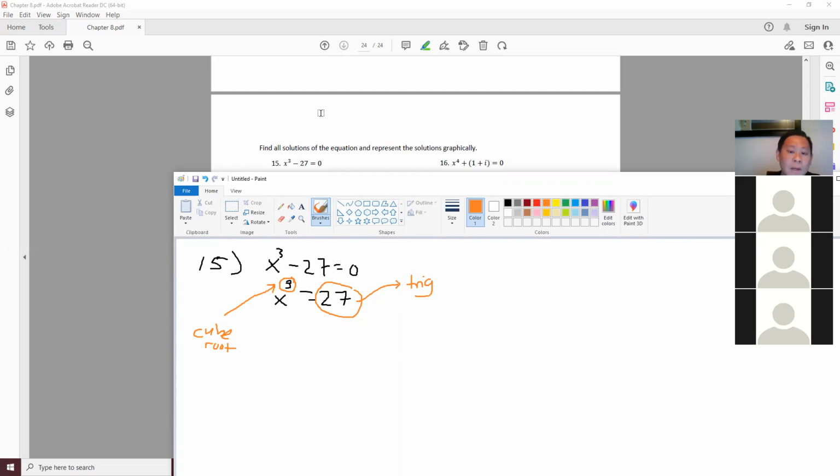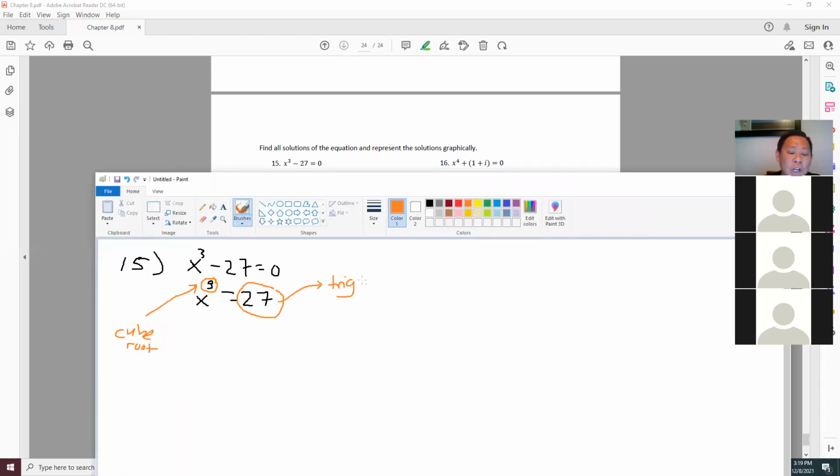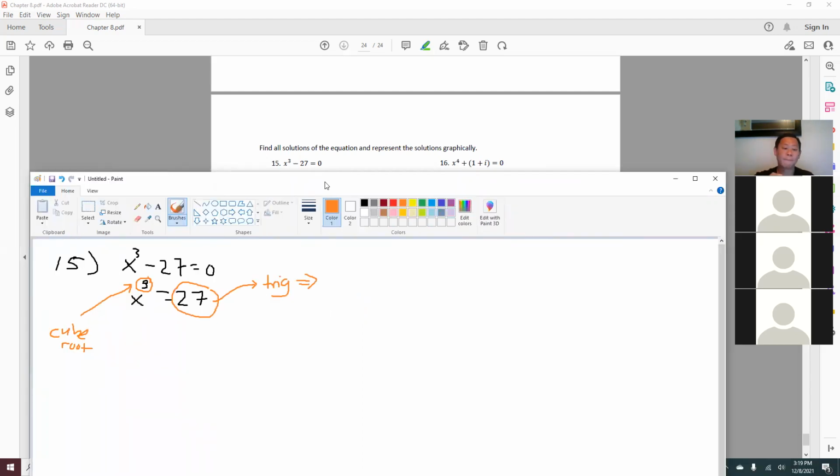So does anyone know what is the trigonometric form for 27? This is also easy. Where is this 27 if you draw it on the x-axis?